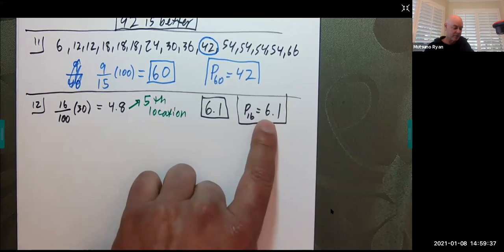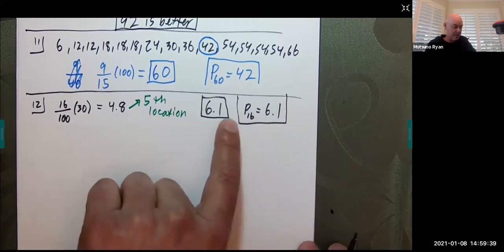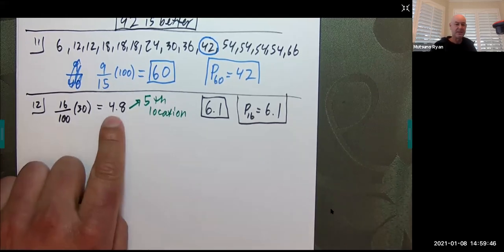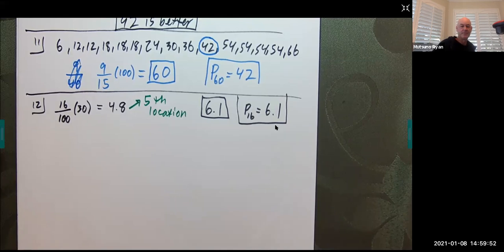Meaning at this data location, for sure, there's going to be 16% of the data below it. Now, notice this one came out to be a decimal. This next one is not, and we're going to have to do something a little bit differently with that. So let's move on to 13.